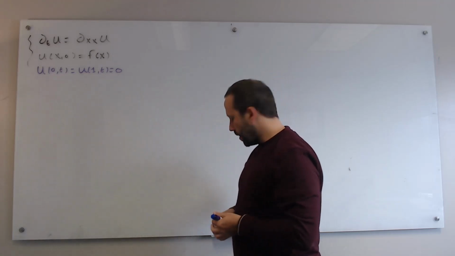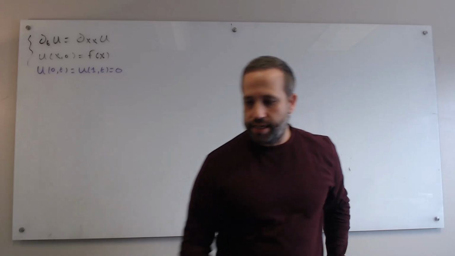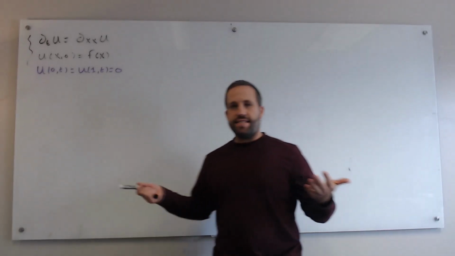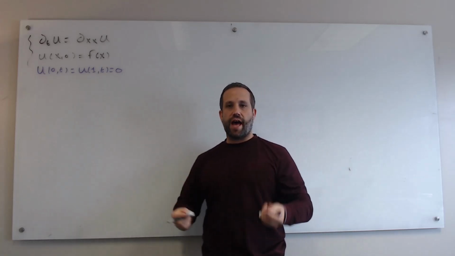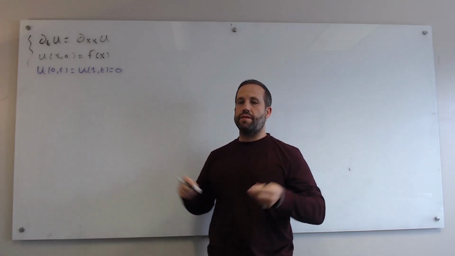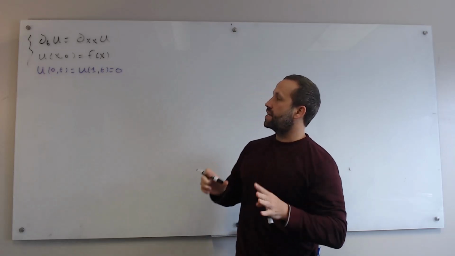What our strategy is here, which might not make any sense right now, there's no particular reason to think that this is a strategy that's going to work, but it's something that we can try because it lets us get some formulas.